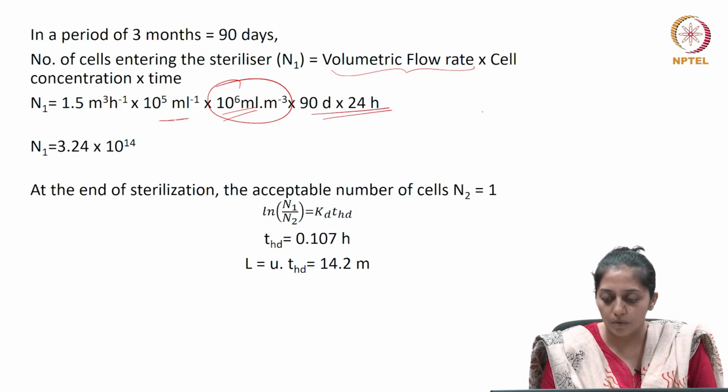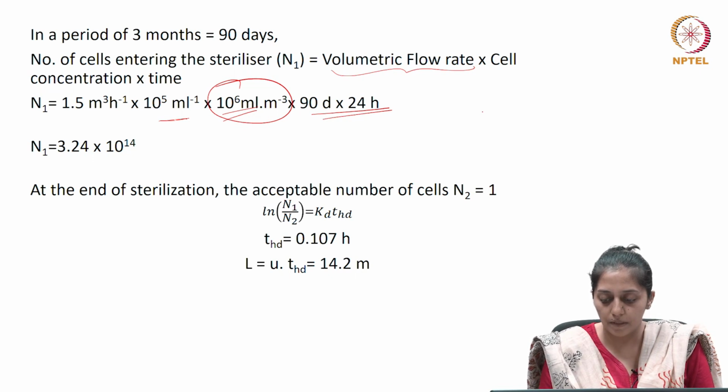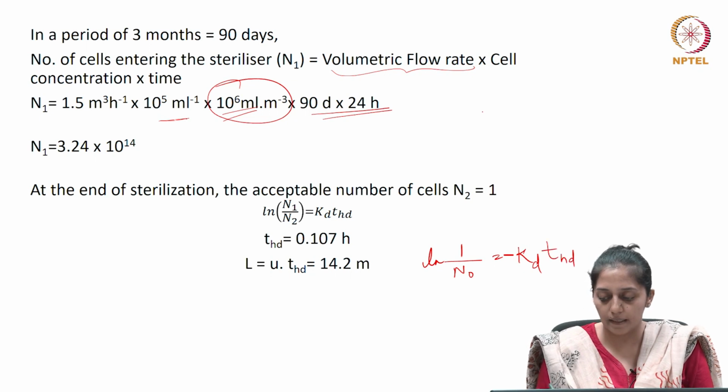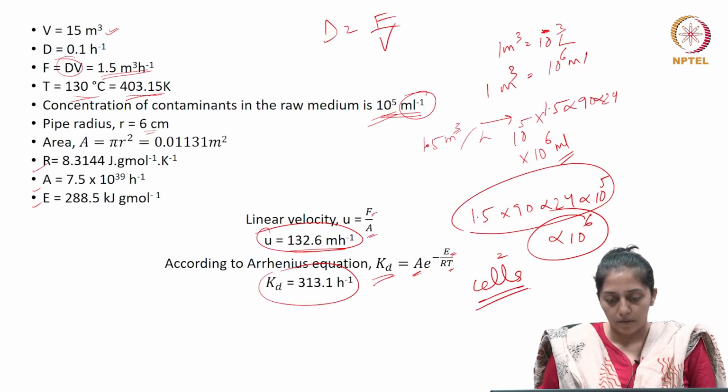If we know the acceptable limit, let's assume only one organism remains, N0 is not known. We need to calculate ln(N0/N) equal to the thermal death rate constant into the holding time. Now the Kd value we have obtained from here.